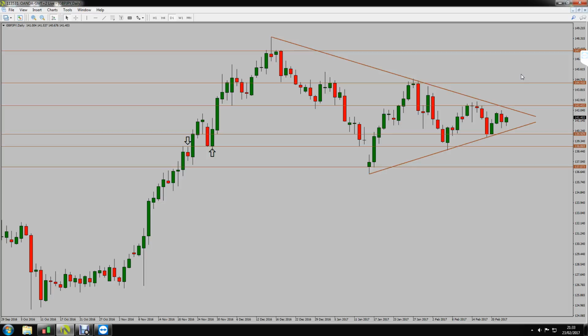Okay, I don't know if the price will reach my level, and maybe it wants to make a deeper retracement and then restart bullish.